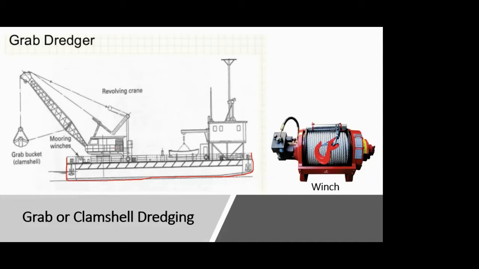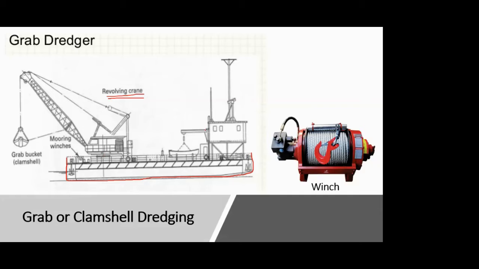So over that barge, the main equipment that we have for our dredging purpose is a revolving crane. Now this is just like any other crane that you must have seen in your day-to-day life if you have gone through the city or nearby area. But the only thing is it's revolving, that it can revolve almost 360 degrees.